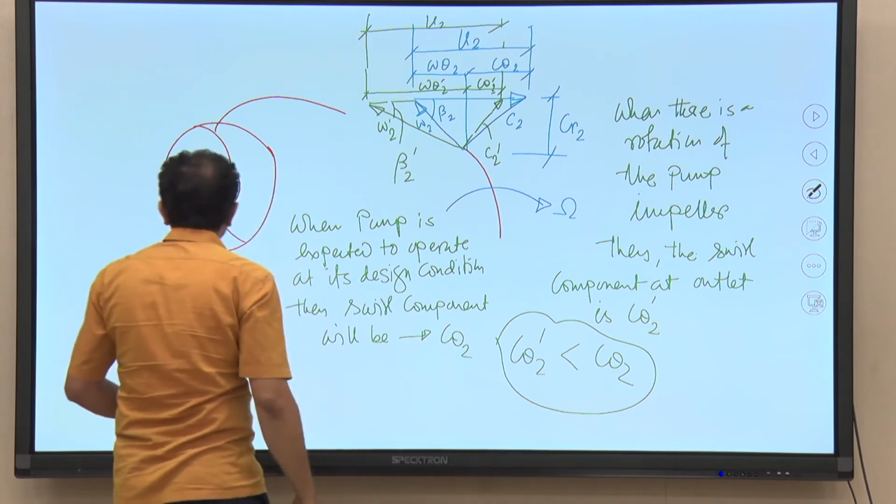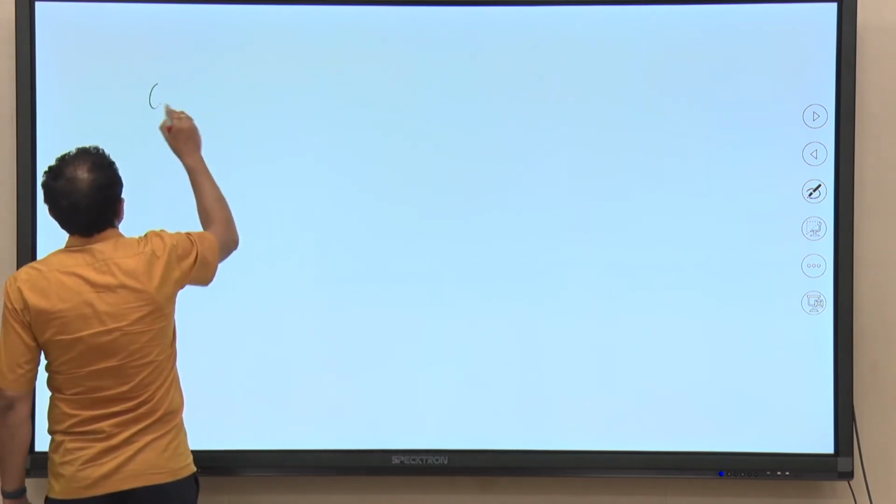So this C theta 2 minus C theta 2 prime, which is greater than 0, is known as slip velocity Vs.